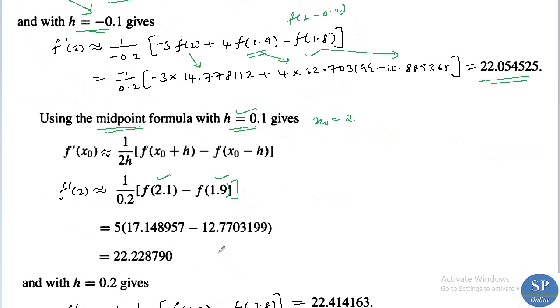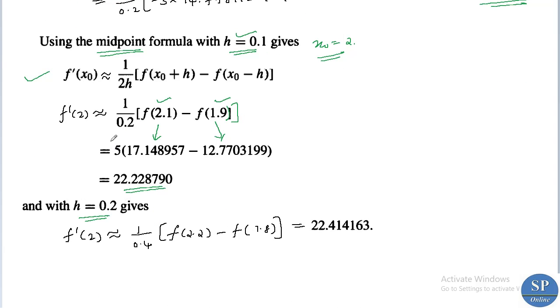Replacing these values from the table and simplifying, we get 22.228790.